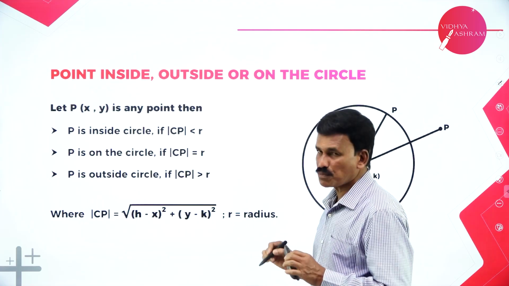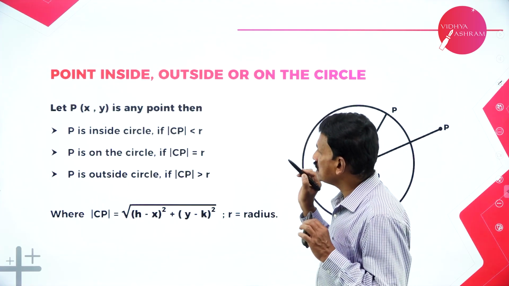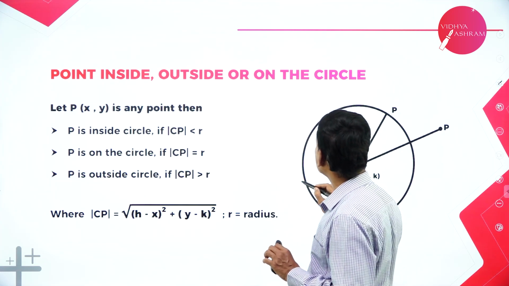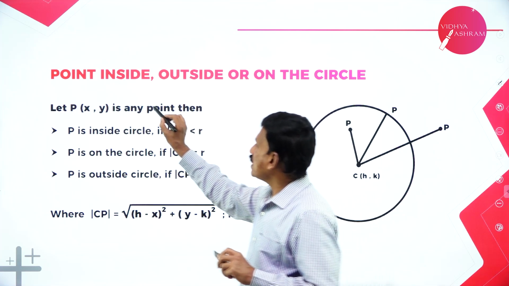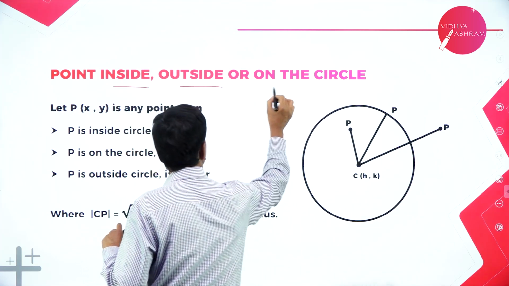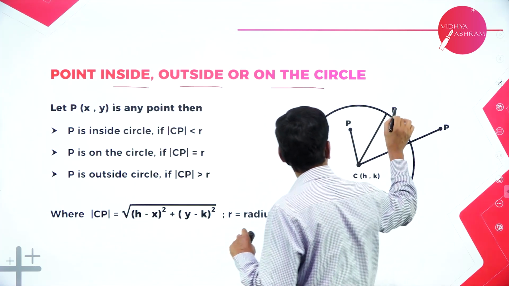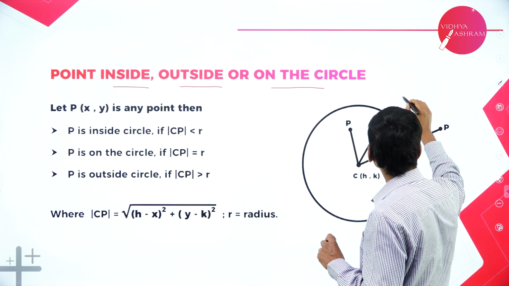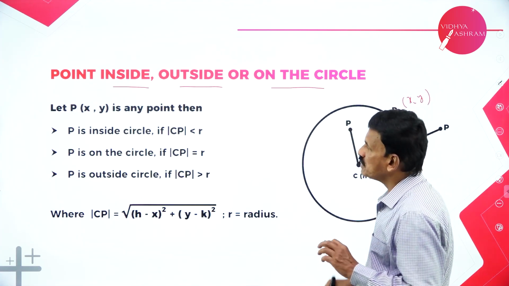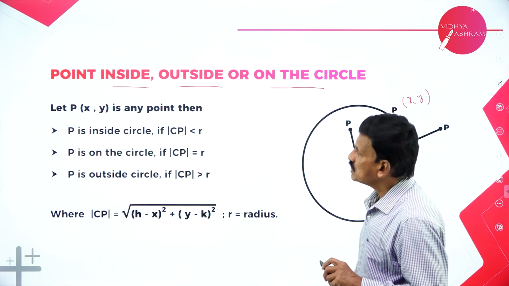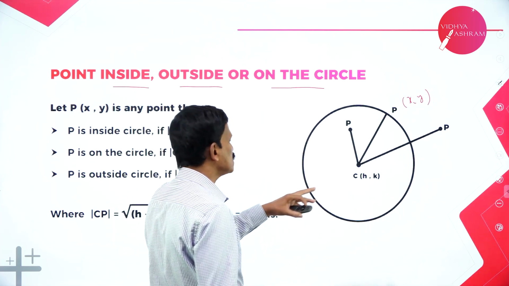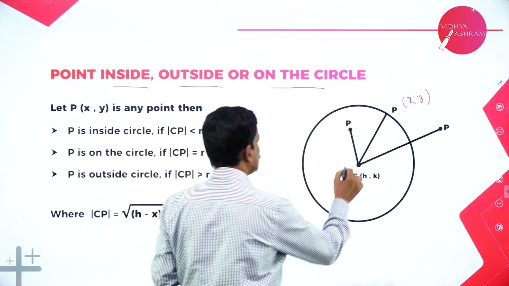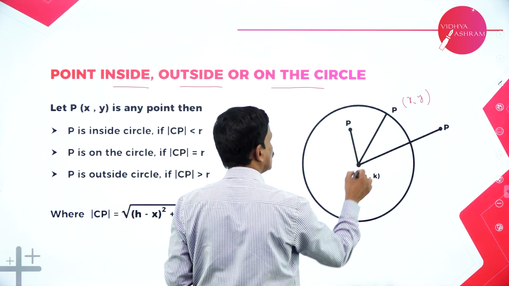That's it. Suppose a point P lies inside the circle, outside the circle or on the circle, what is the condition? Let us consider a point P(x, y) to be any point. If P is inside the circle, then the distance CP is less than the radius.